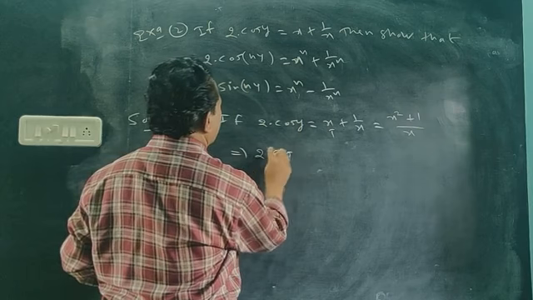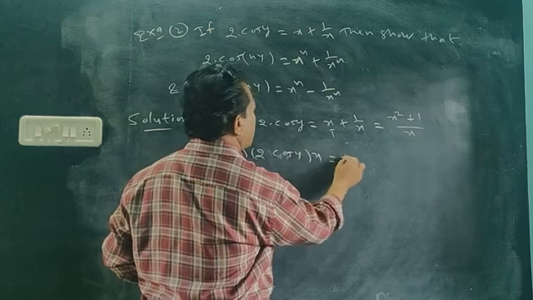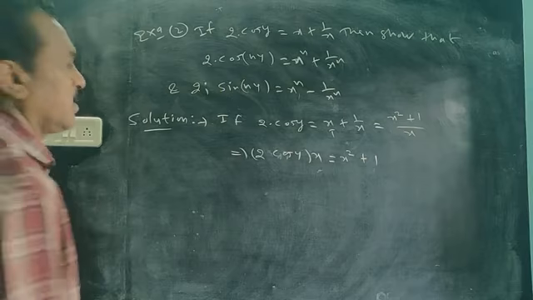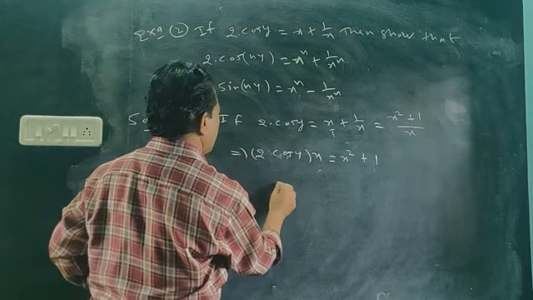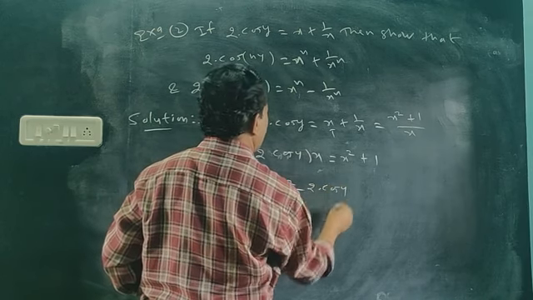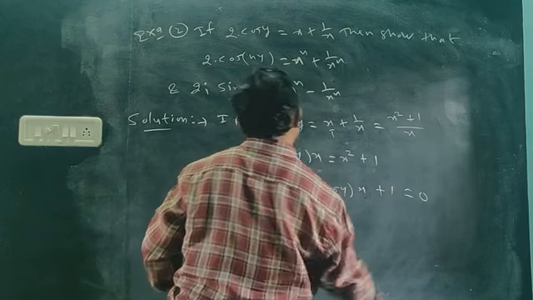So 2 cos y into x equals x square plus 1. Take one side: x square minus 2 cos y into x plus 1 equals 0.